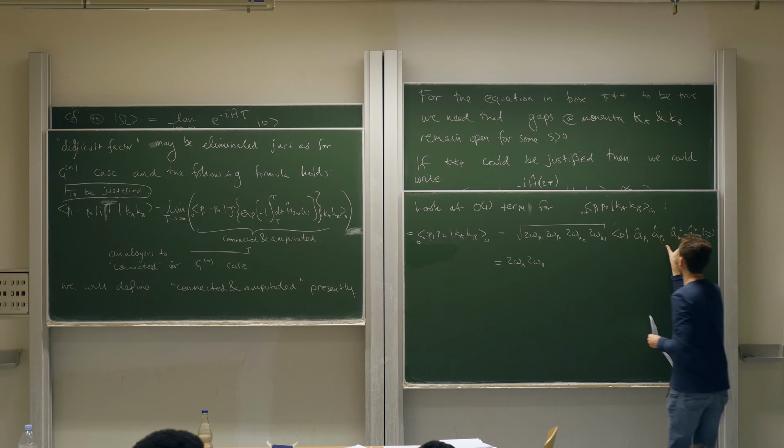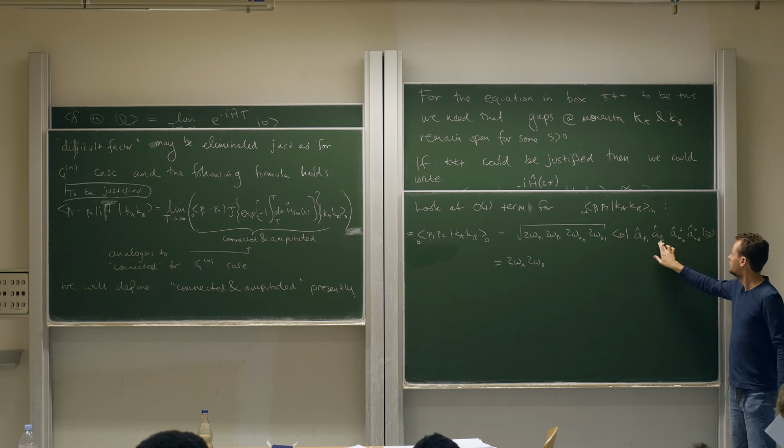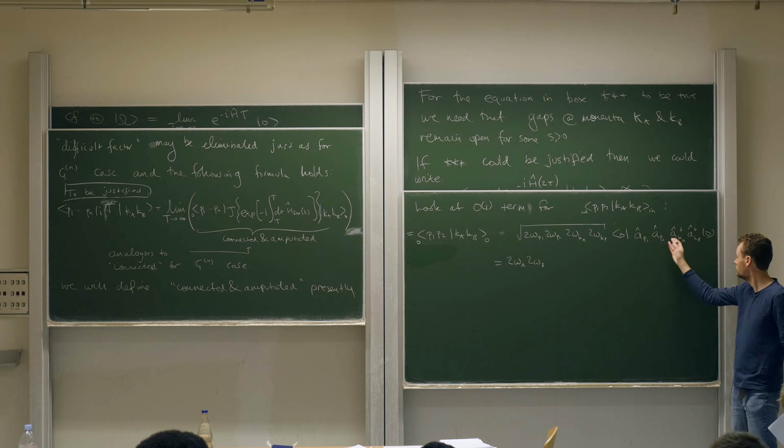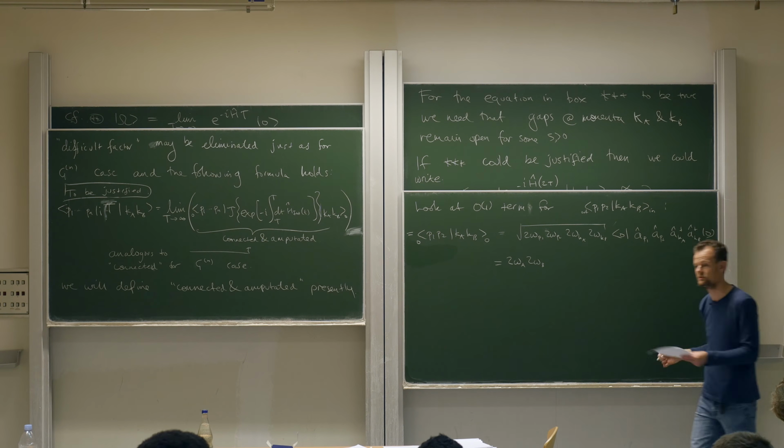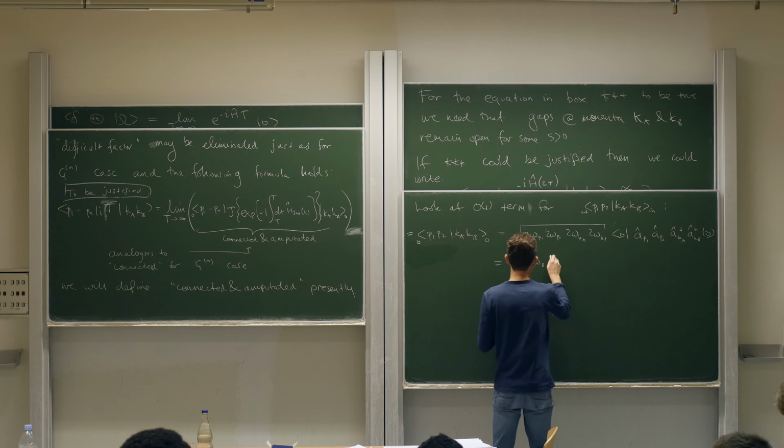We have to contract these operators here. They're not in normal order. You notice that these operators are not in normal order, so we have to commute them past each other. We use the commutation relations for the creation and annihilation operators, and we get some delta functions, and we end up with this expression here.